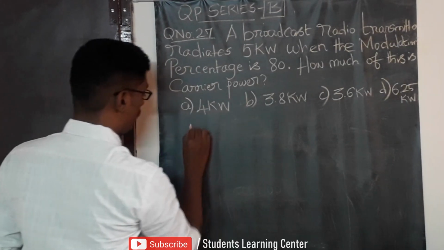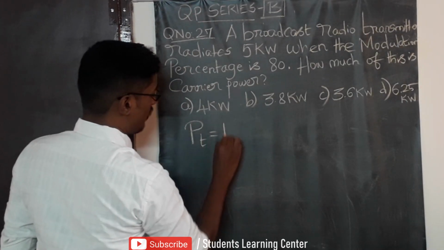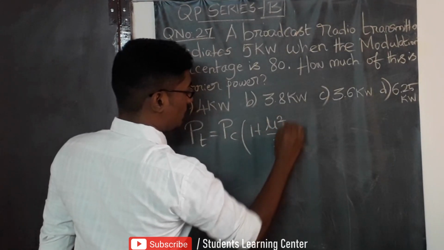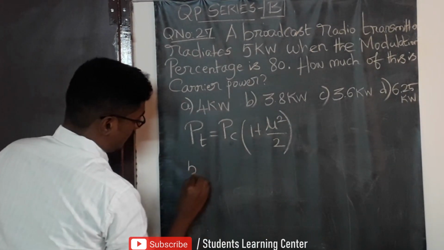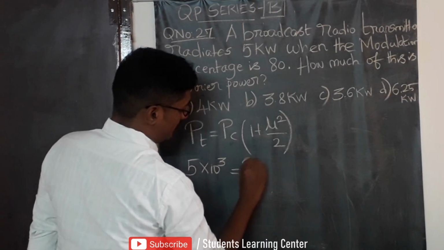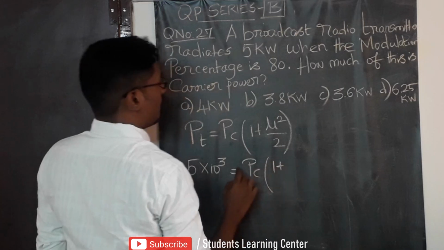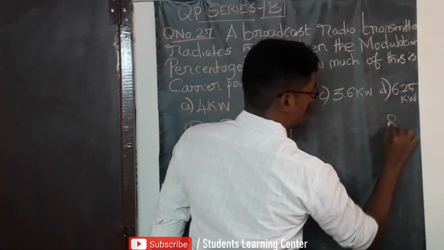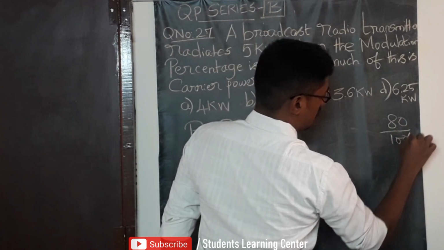So we know the formula: the transmitted power PT equals PC into 1 plus mu square divided by 2. Transmitted power is 5 kilowatts, so 5 into 10 power 3 equals PC into 1 plus the modulation index squared by 2. The modulation index is given as 80%, so 80 divided by 100, which is 0.8.